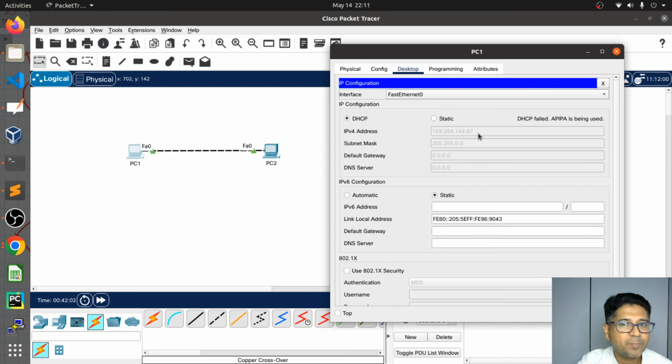Can you see this IP? 169.254.144.67 with mask 255.255.0.0. Tell me what the subnet is. Which class does this IP belong to?